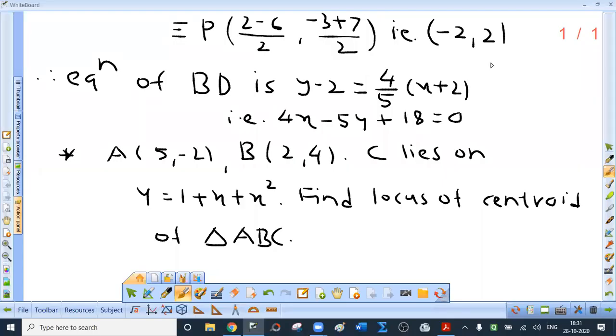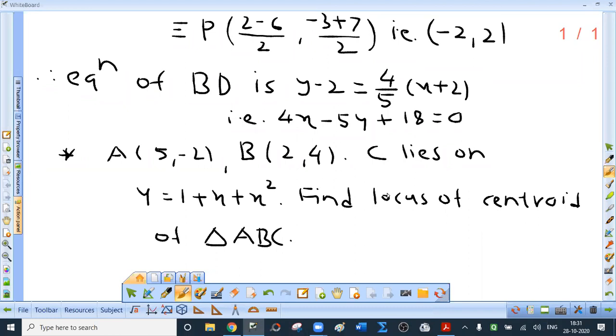The last sum: A is (5, -2), B is (2, 4), C lies on the locus y equal to 1 plus x square, which represents a parabola, and we are asked to find the locus of the centroid of triangle ABC. See, do not take coordinates of C as (x, y).